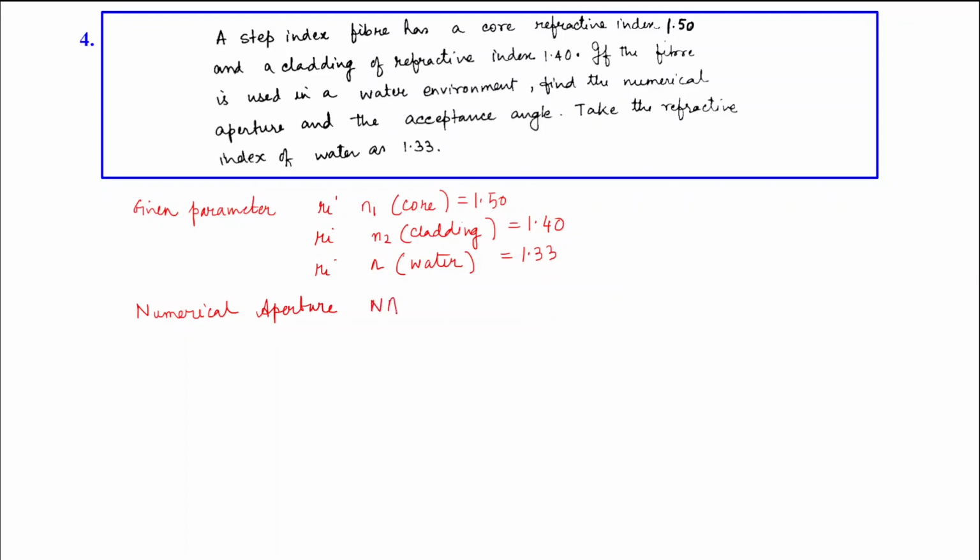We have seen that the numerical aperture is given as sine of theta A, where theta A is the acceptance angle. So it is root over n1 square minus n2 square, divided by n.